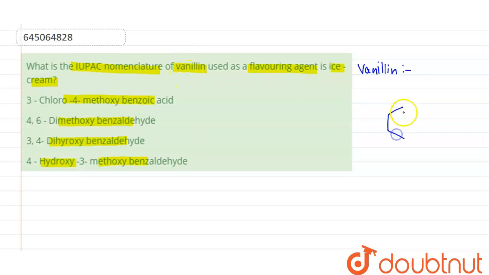So if we draw the structure of this vanillin, then this is present here. Now here it will be CHO group present. Here it will be OCH3 group present. And here it is OH group present. Fine.